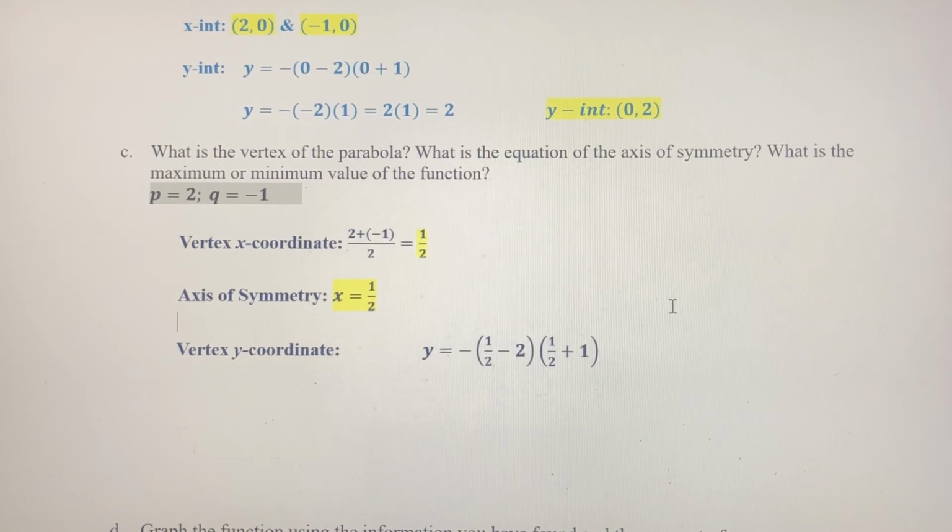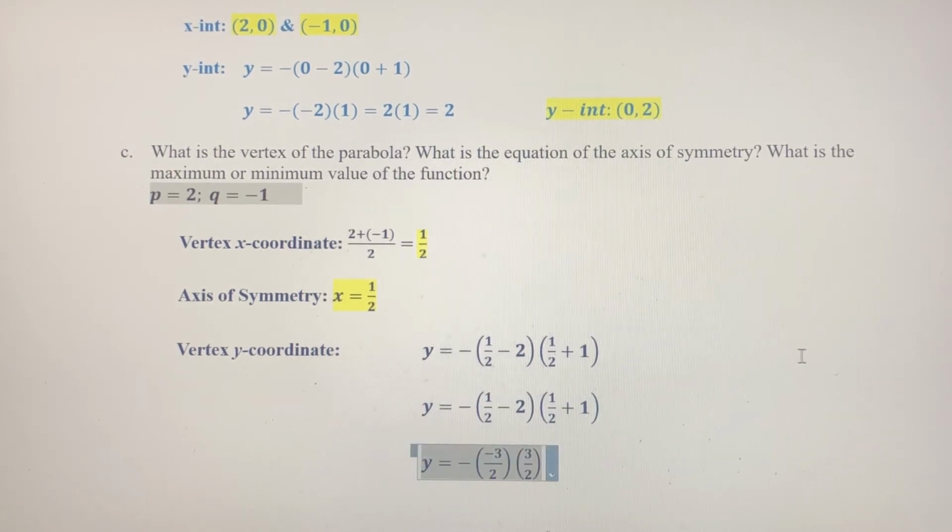That gives me y equals negative, and then quantity 1/2 minus 2, times the quantity 1/2 plus 1. I'm not going to show the steps of getting a common denominator. We should be able to do that if you're at this point. So we got 1/2 minus 2. Well, that's going to be negative 3/2, and 1/2 plus 1 would be a positive 3/2. So I've got a negative times a negative, which makes this positive, and then I've got 3 times 3 in the numerator, which is 9, over 2 times 2, which is 4.